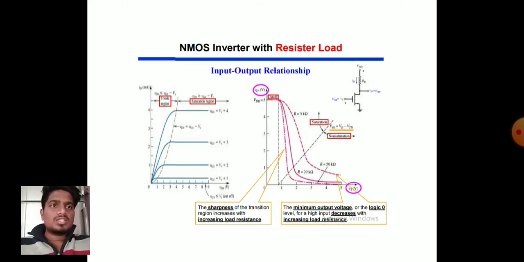NMOS inverter with resistor load input-output relation. The sharpness of the transition region increases with increasing load resistance. The minimum output voltage, or the logic 0 level for a high input, decreases with increasing load resistance.